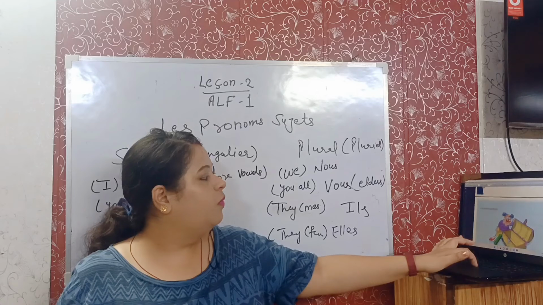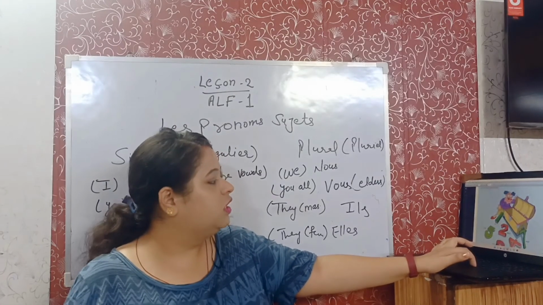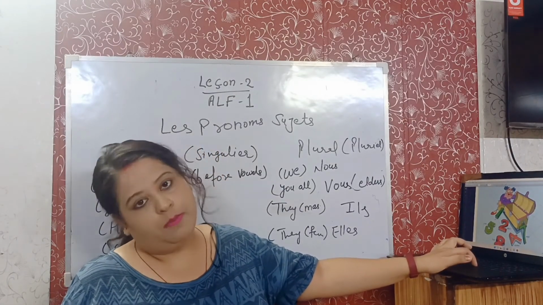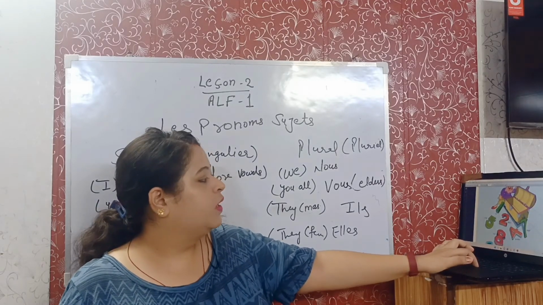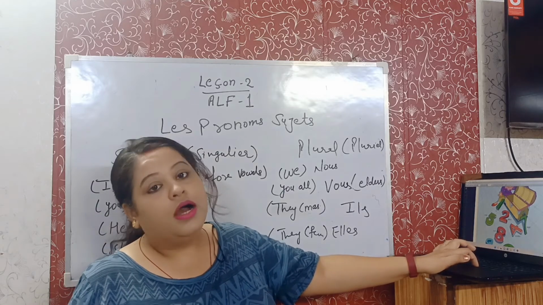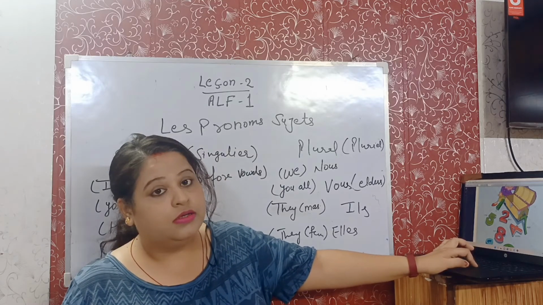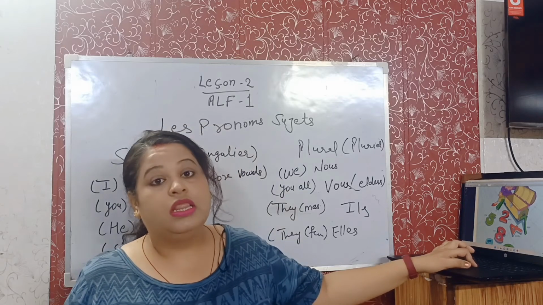Okay, next, les nombres cardinaux, the cardinal numbers. The numbers are given till 20. I am repeating the numbers so you can pronounce them with me. I am counting from 1 to 20. 1. 2.